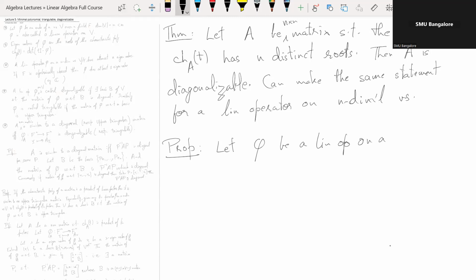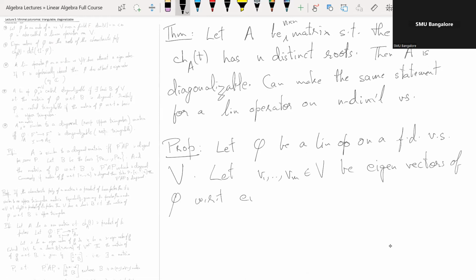Let Phi be a linear operator on a finite dimensional, on an n-dimensional vector space V. Let V1 to Vm in V be eigenvectors of Phi with eigenvalues lambda 1 to lambda m respectively.